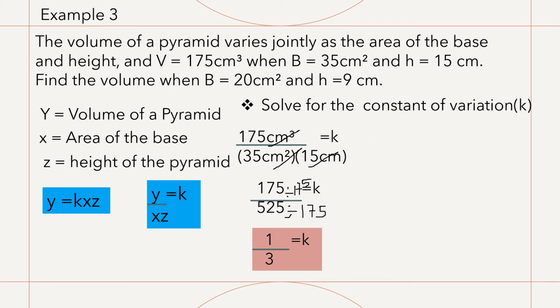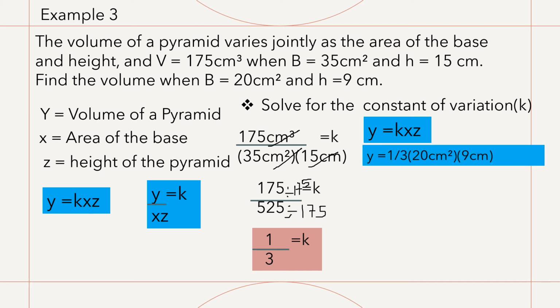Now, pwede na natin ma-solve yung pangalawang volume ng pyramid na kung saan the base is 20 centimeter squared and 9 centimeters. So Y is equal to K, that is 1/3, times 20 square centimeters times 9 centimeters.